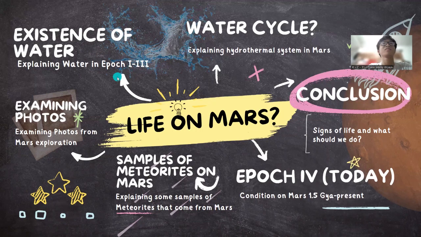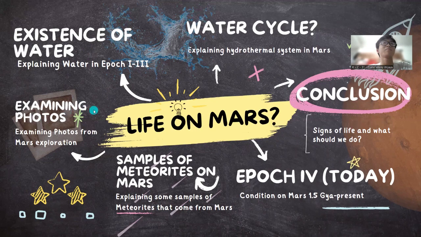So Epoch 3 is quite similar to Antarctica, where the surface is almost impossible to host life, but there are microorganisms that live under the Martian surface.